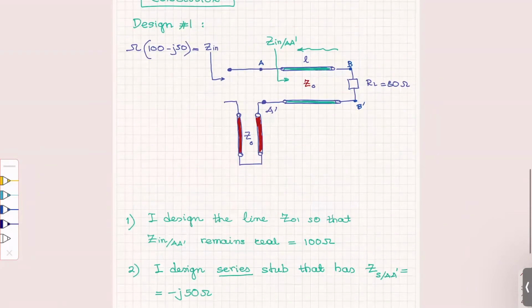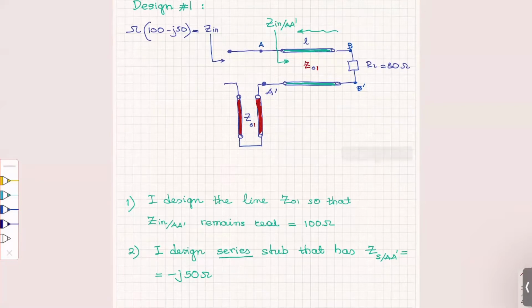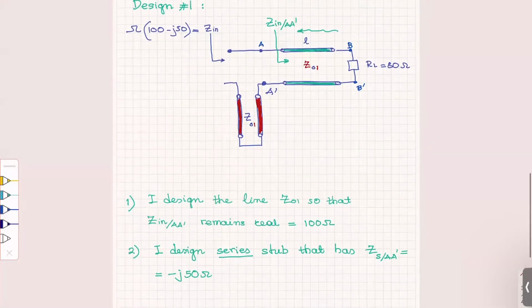In this problem, I'm giving you Z01, and I don't put any constraints at this moment.